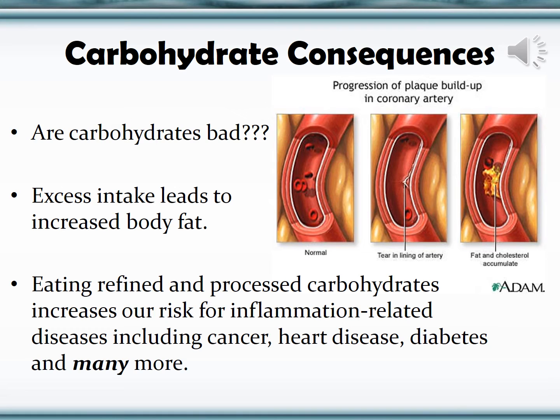And the body has good intentions, but if this continues to happen, eventually our artery will get smaller and smaller because the plaque continues to develop around it. And over the long run, this will lead to a blockage of that artery, which will cause a heart attack. So if we eat many foods that are processed and related to inflammation development, we are going to put ourselves at a greater risk for heart disease and for heart attack.